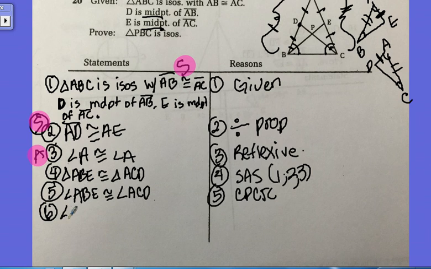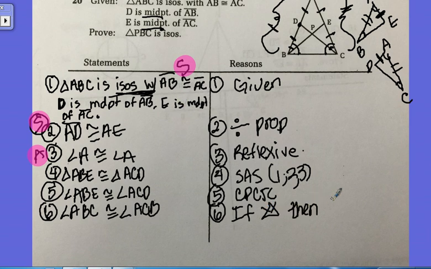So, angle ABC is congruent to angle ACB, coming off of this data right here. That's going to be if isosceles then base angles congruent, or if sides then angles. I'm just going to say if sides then angles because it's shorter. So there we have that.